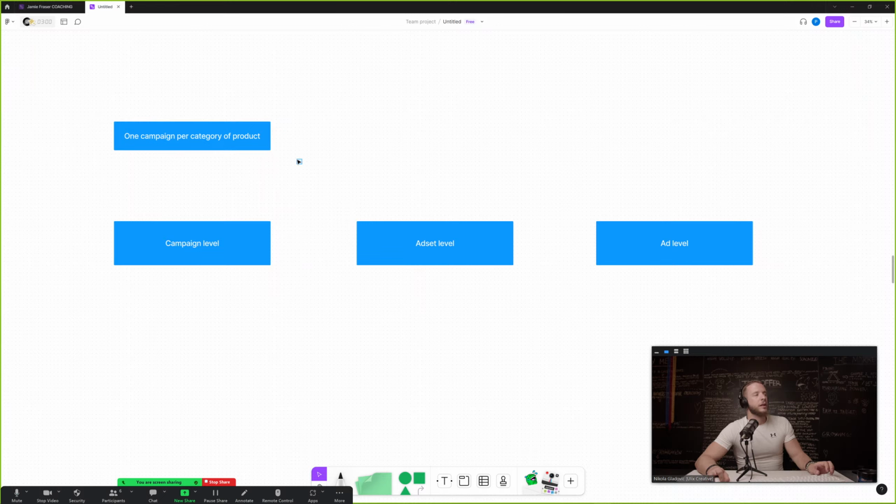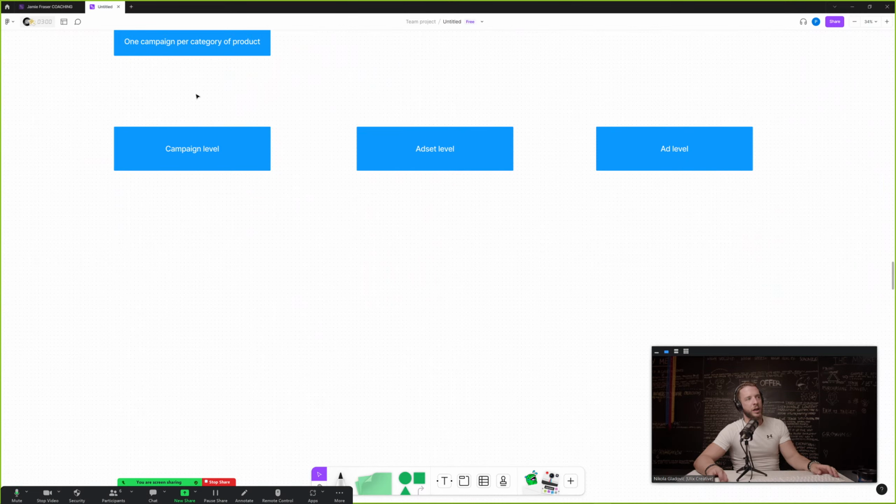That means that most probably you're gonna have a most popular set of products within your shop, and that is going to be under one category. You're most probably going to be popular for your main 20% of the products. That means that you're gonna probably be running one campaign. So boom.